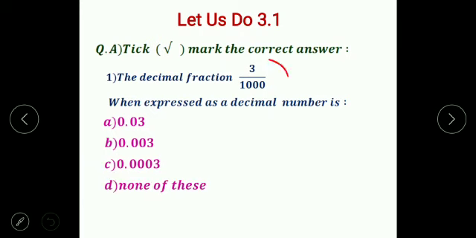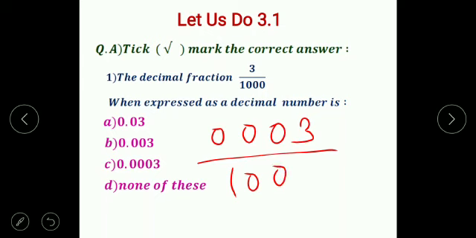Now here the question is this 3 by 1000. This one is the fraction form, right? So now we have to convert this fraction form into decimal form. 3 divided by 1000 you can write like this. Now see here, how many zeros are there after the 1? 3 zeros.